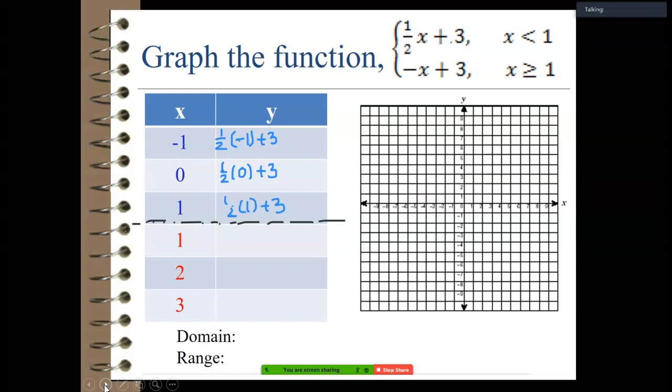And then you're going to get your values. So 3 minus 1/2 is 2.5. 0 plus 3 is 3. And 1/2 times 1 is 1/2, plus 3 is 3.5.